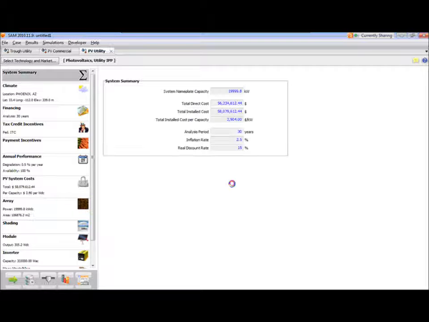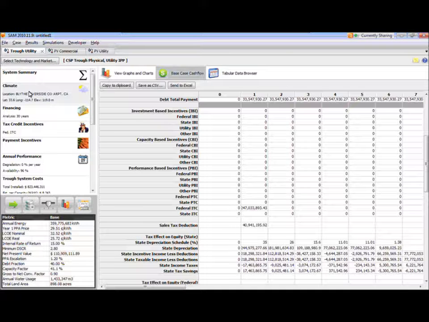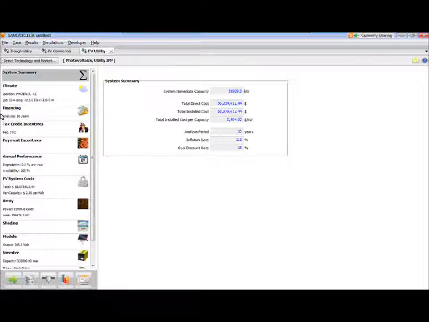Again, SAM is loading a set of default values for the PV case. So you'll notice that the default location for Troughs is Blythe, and the default location for PV is Phoenix. There's a database of default values behind the scenes that SAM loads whenever you open a new project. And so it just so happens that for PV, the default location is Phoenix, and for Troughs, it's Blythe.